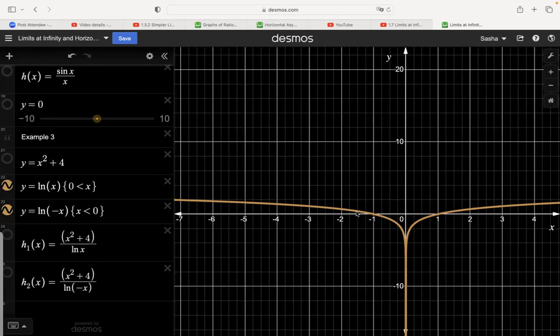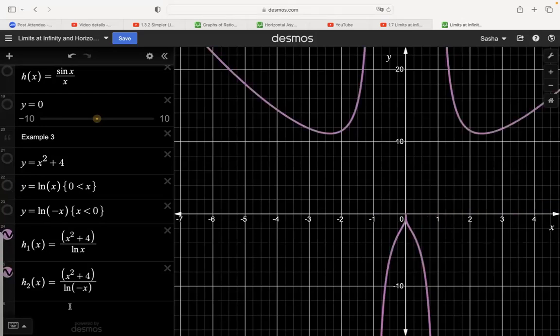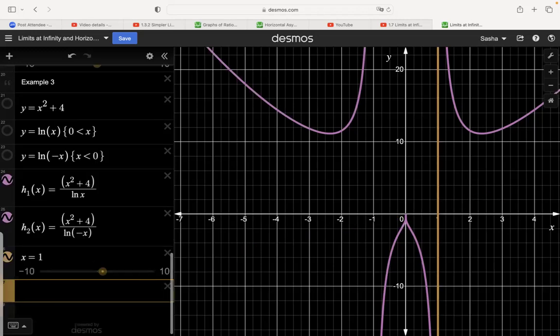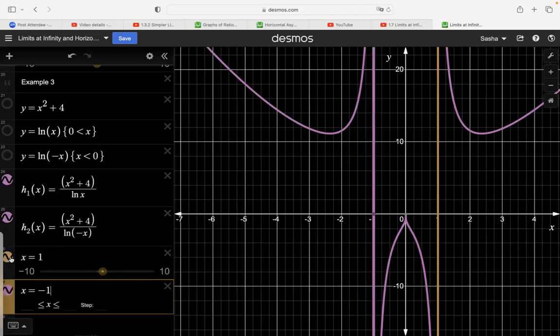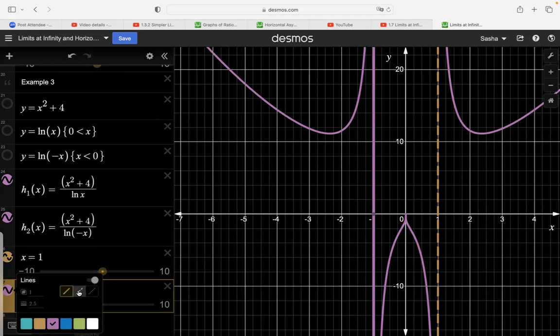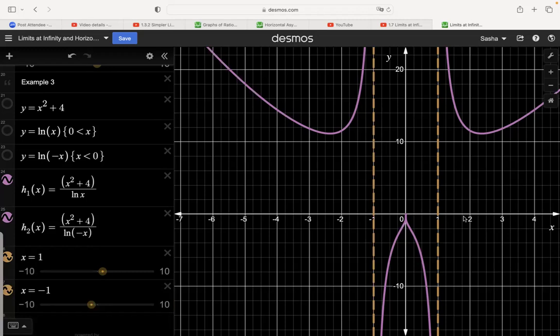So we get 0 because of the symmetry. We're going to have a 0 in the denominator whenever x is plus or minus 1. So that means we're going to have vertical asymptotes at x equals plus or minus 1. So let's graph them. And that makes sense. It's consistent with what we see.